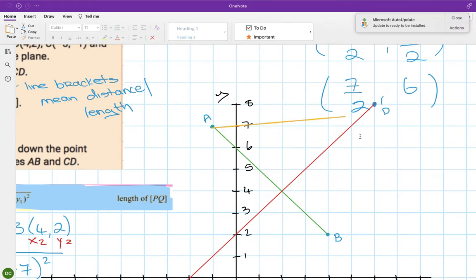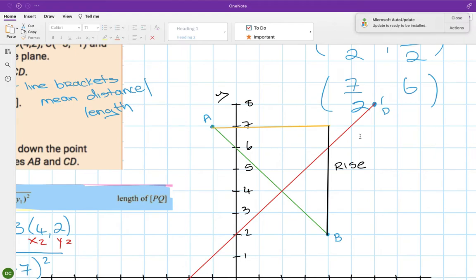So, there's my run. What color can I use? We'll go black. And there's my rise. Yeah. So the rise there is starting at 2 and going to 7.